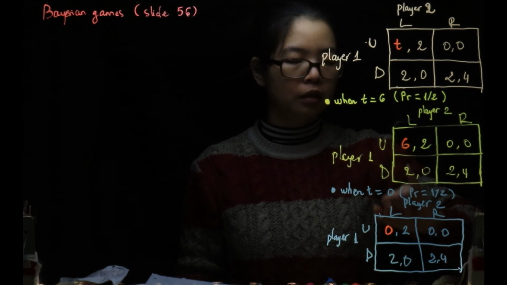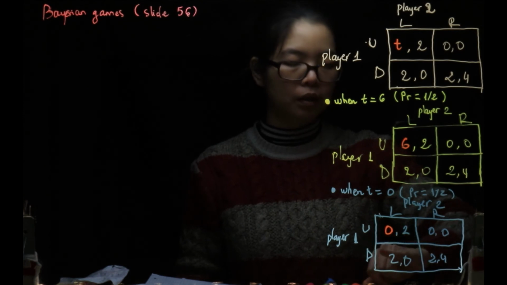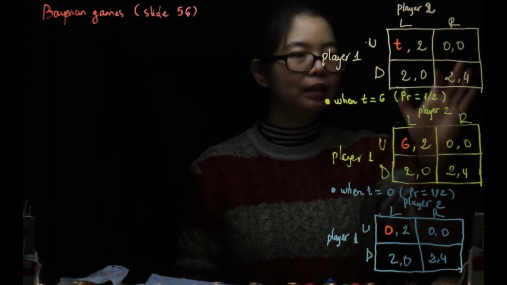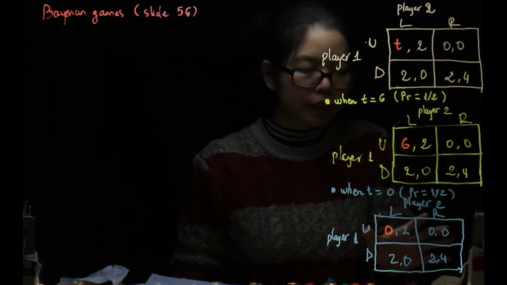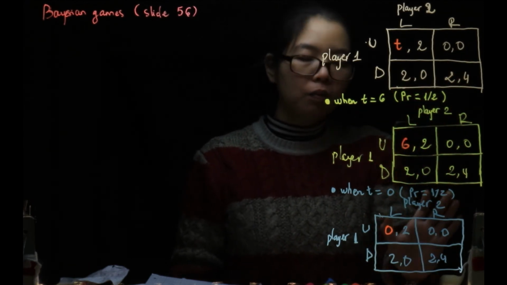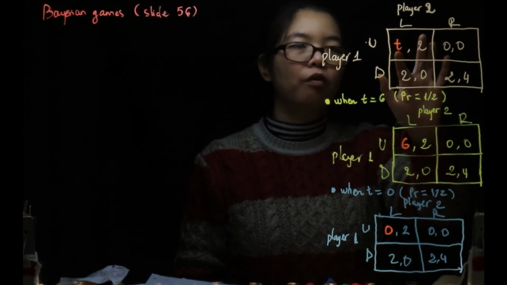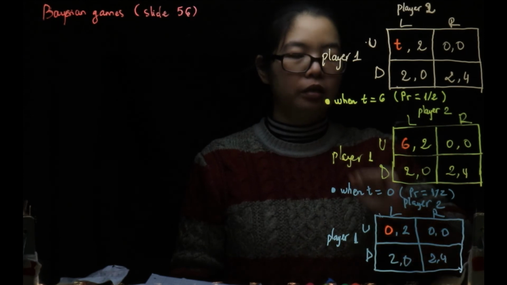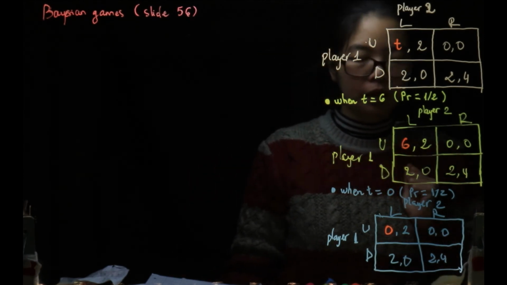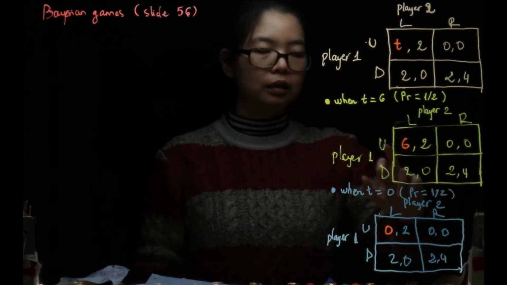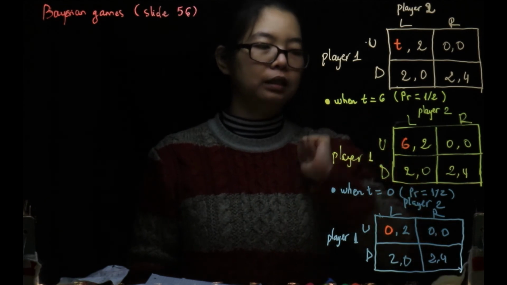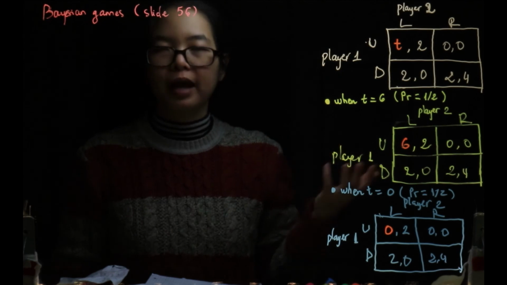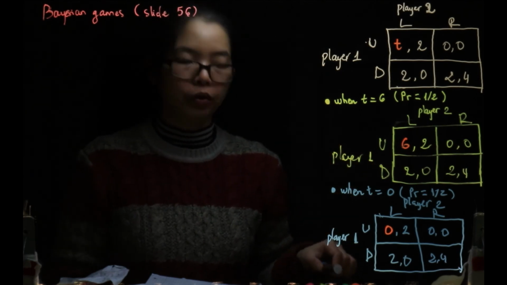Otherwise, it becomes the bottom matrix. All these three matrices are almost the same except for the place of T here, which I replace with either T is 0 or T is 6. So that's how we think about it.